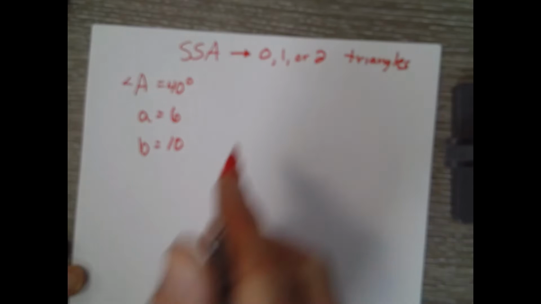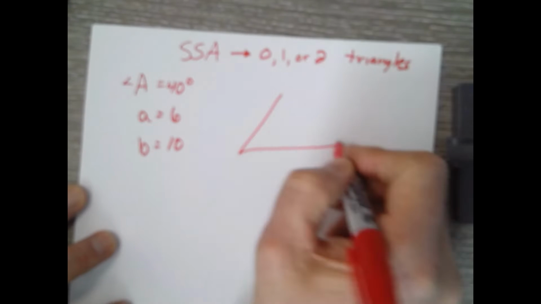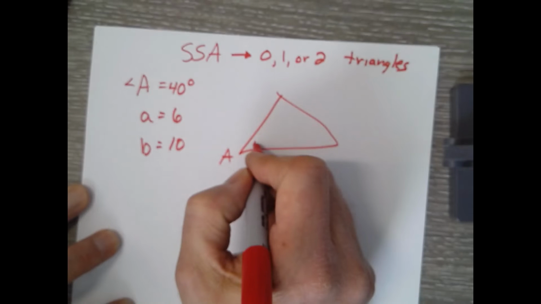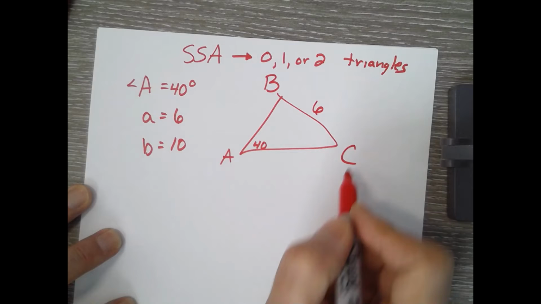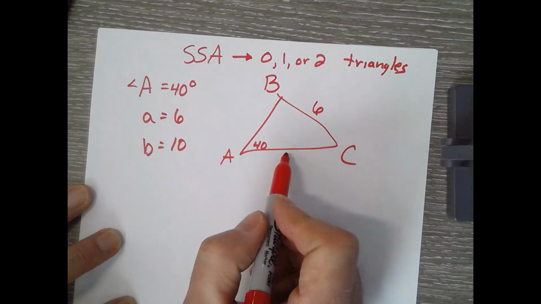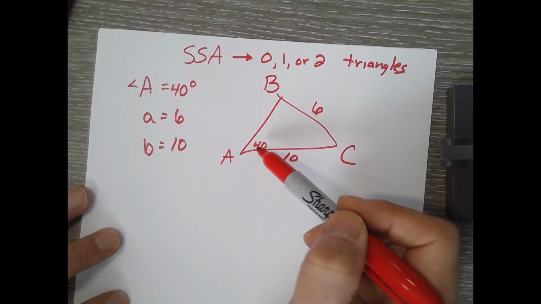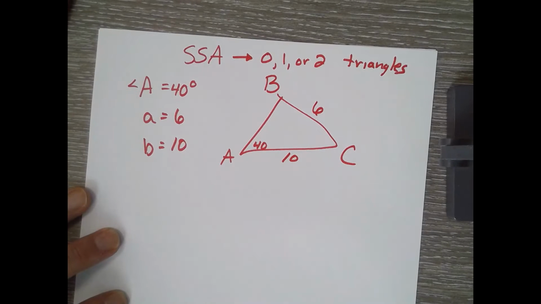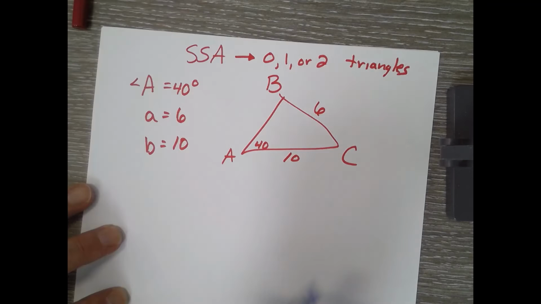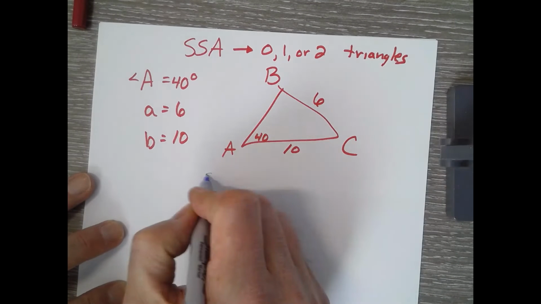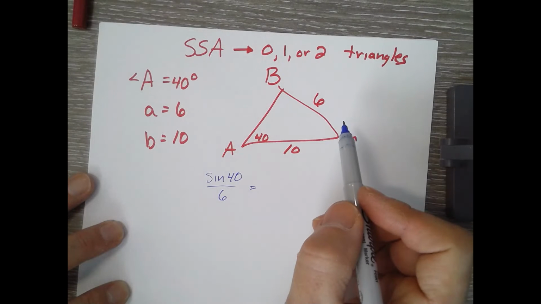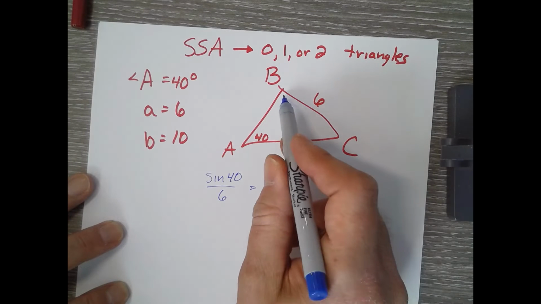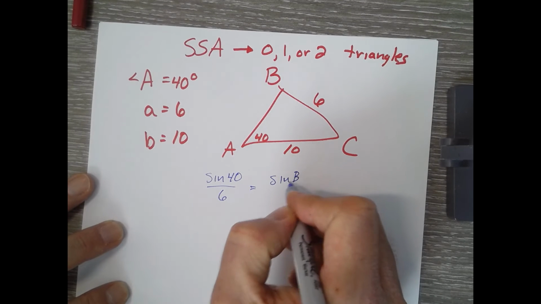Okay, so we'll start by making our drawing. A is 40 degrees, little a is 6. I'll call that one B and this one C. So that means little b is 10. Okay, so we have a side-side angle scenario. All right, so we know that we're going to do sine of 40 over 6 equals, well, we have to do angle B, so sine of B over 10.